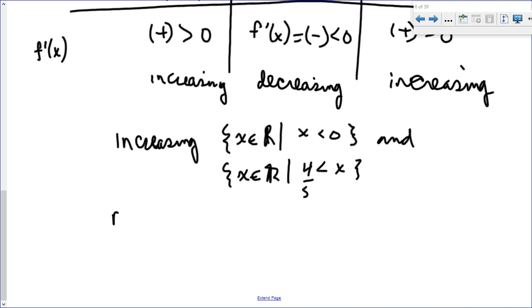Okay. And it's decreasing. Just using set notation for a change. And it was that middle one that's increasing, so between 0 and 4/5.